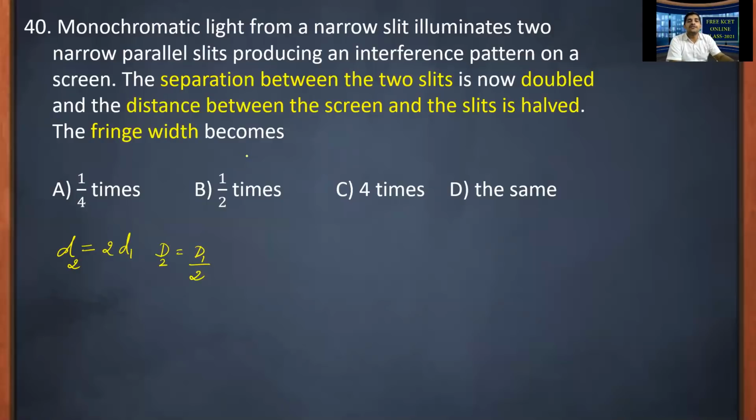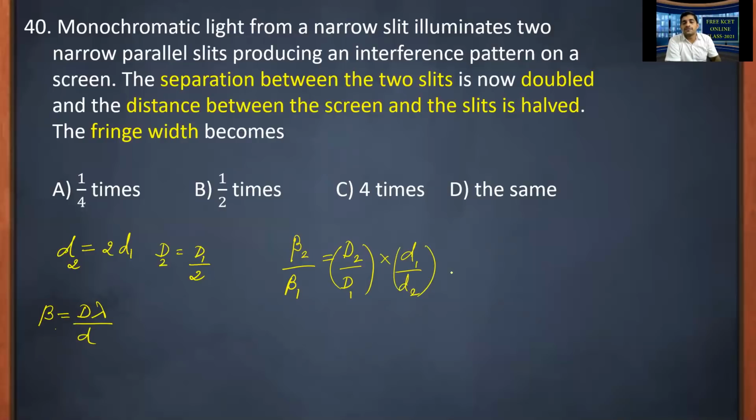Now the fringe width becomes, so what is the formula for fringe width? Fringe width is equal to D lambda divided by d. So we can write beta 2 by beta 1 is equal to D2 divided by D1 into d1 divided by d2.